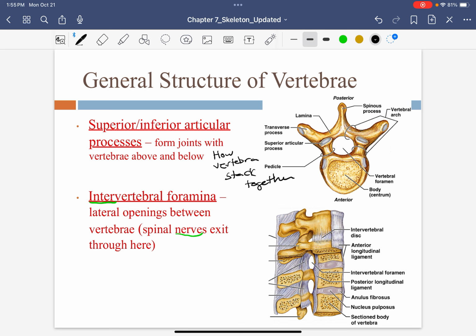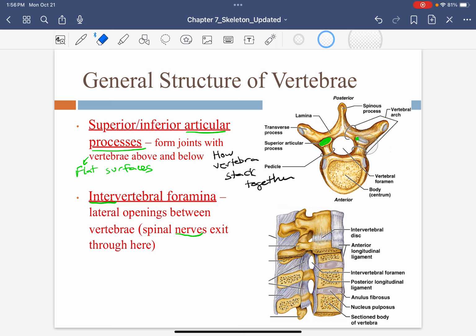The surfaces that allow for that are the superior and inferior articular processes. Here's one right here. Here's one. Sometimes they're called facets. They're basically just flat surfaces.